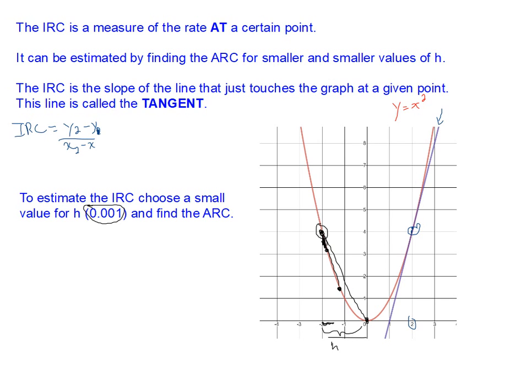And another way to think about that, just relating back to what we talked about with the average rate of change, this can be f at x plus h minus f at x all over h. And remember, the h comes by doing your x2 minus x1.